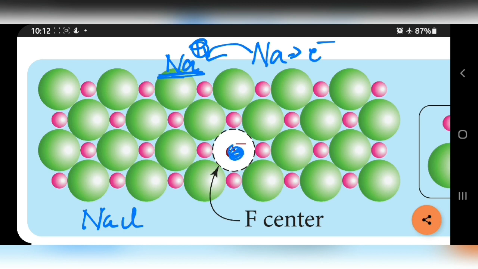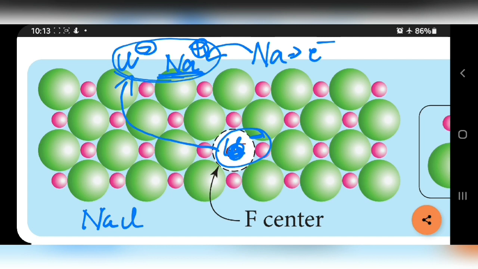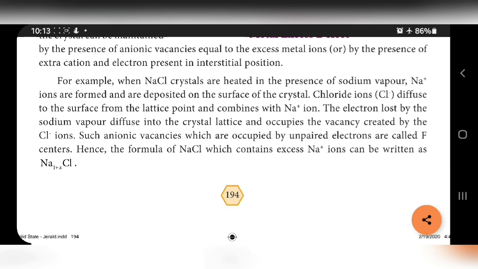Before that, only Cl minus is present here; that Cl minus diffuses to the surface and combines with this Na plus. After that Cl minus moves, this place is empty. This electron comes and occupies this place. So this is called the Farben center. Farben means color center.